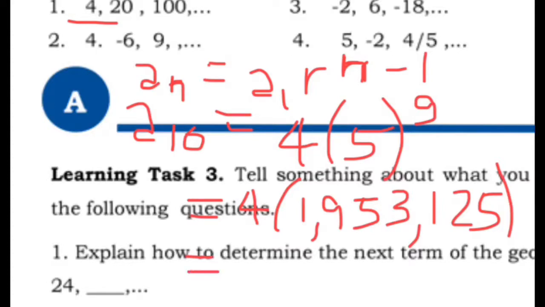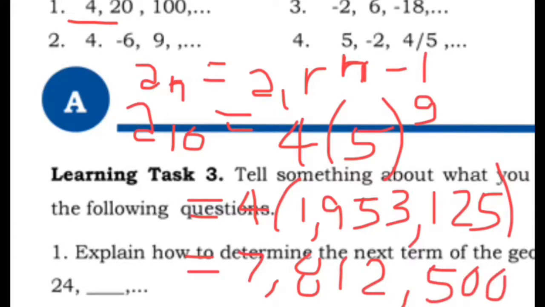Then this will be equal to 4 times that result. So times 4. So ang resulta ay 7,812,500. So ito po yung 10th term.